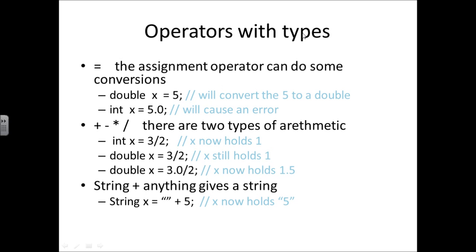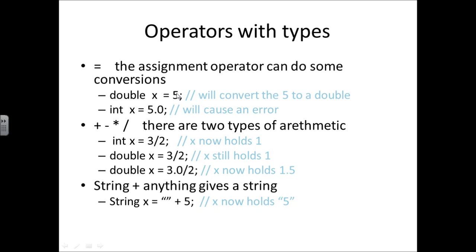So let's get into a few of the dirty details of operators. First of all, the assignment operator can do some conversions. Most of the time, if you have a variable of a certain type on the left of the equal sign and a variable or some value on the right, the values have got to be of the same type.